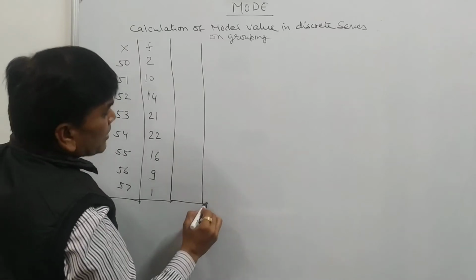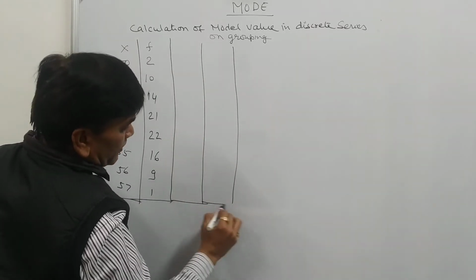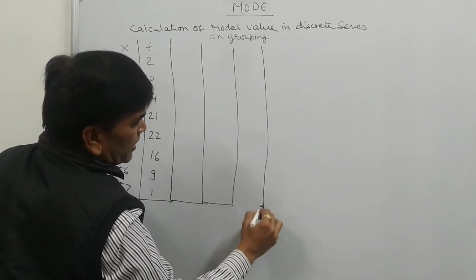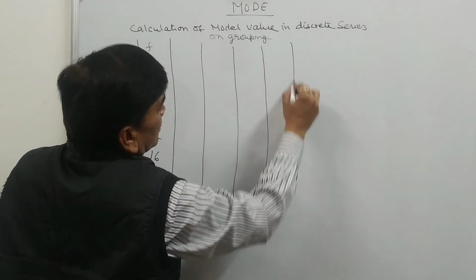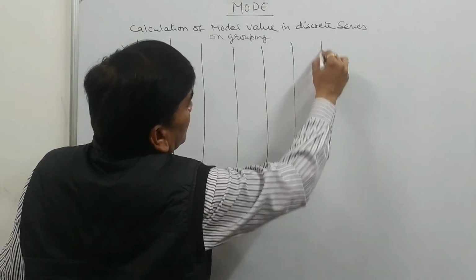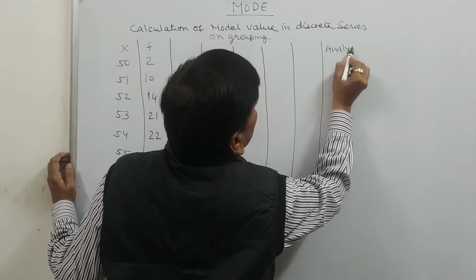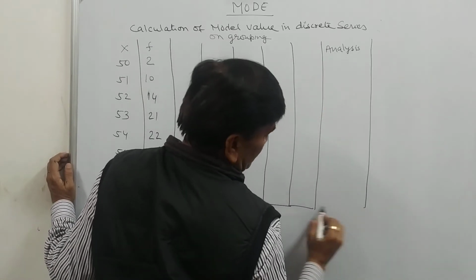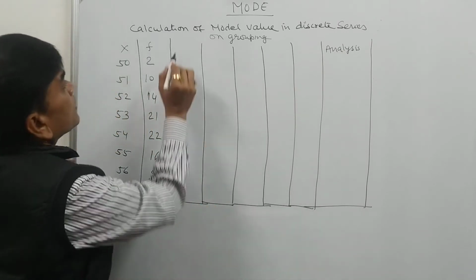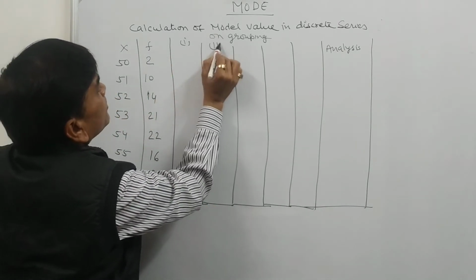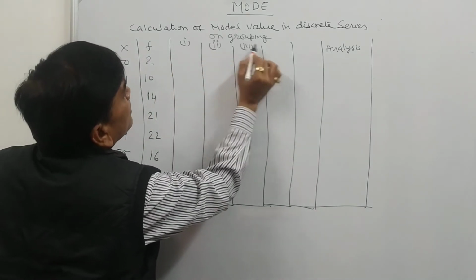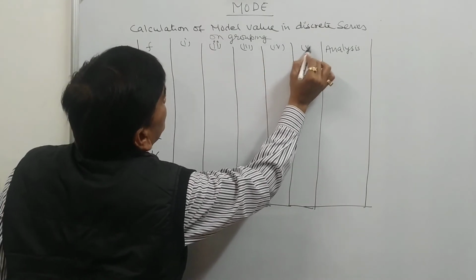This is the first grouping, then second grouping, third grouping, fourth grouping, fifth grouping.